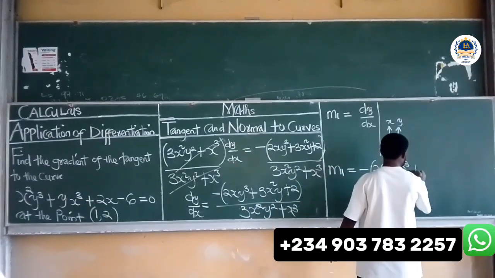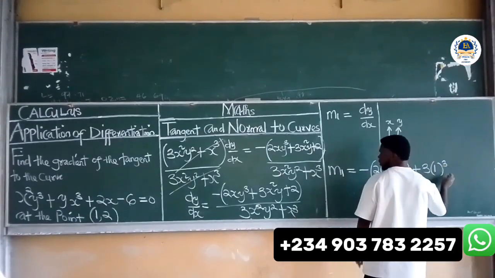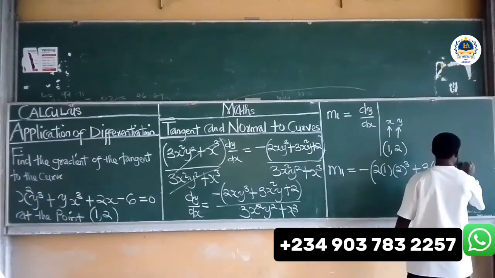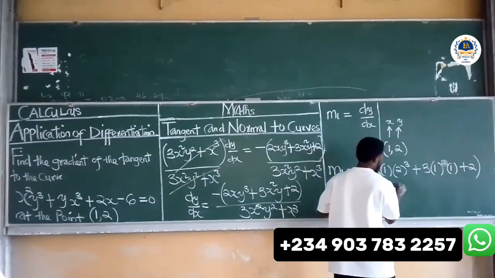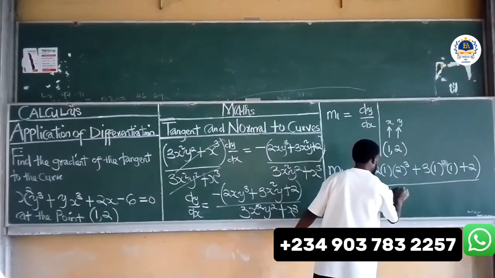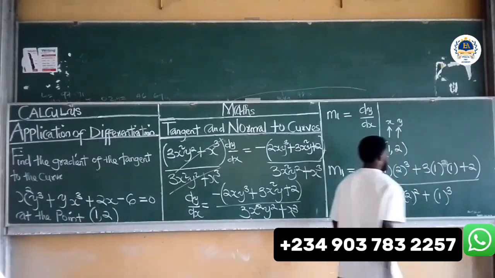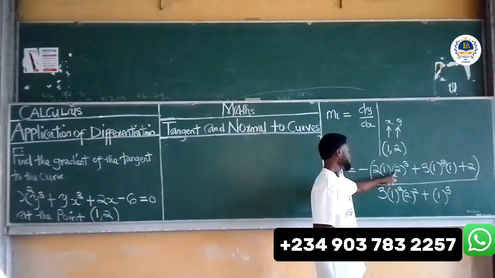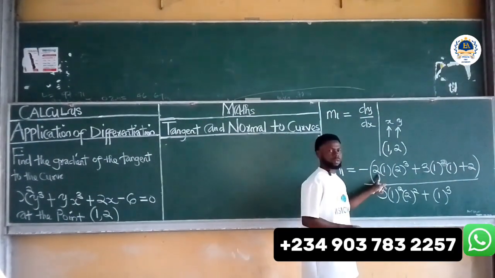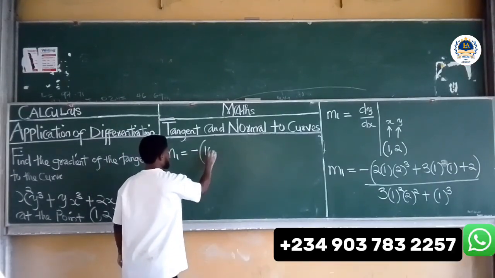That is for the first term, plus 3 bracket open x is 1 raised to the power of 2, then y raised to the power of 1, plus 2 bracket close, all divided by 3 bracket open x, which is 1 raised to the power of 2, y is 2 raised to the power of 2, plus x is 1 raised to the power of 3. 2 raised to the power of 3 means 2 times 2 times 2, and 2 times 2 is 4, 4 times 2 is 8. So 8 times 1 is 8, and 8 times 2 is 16.